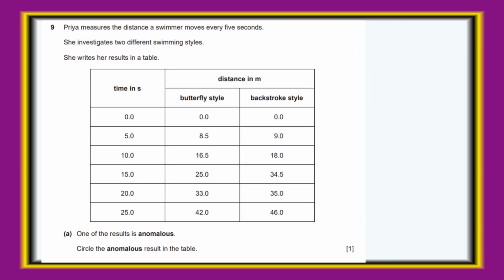Question 9. Priya measures the distance a swimmer moves every 5 seconds. She investigates 2 different swimming styles. She writes her result in a table: butterfly style and backstroke style. One of the results is anomalous.